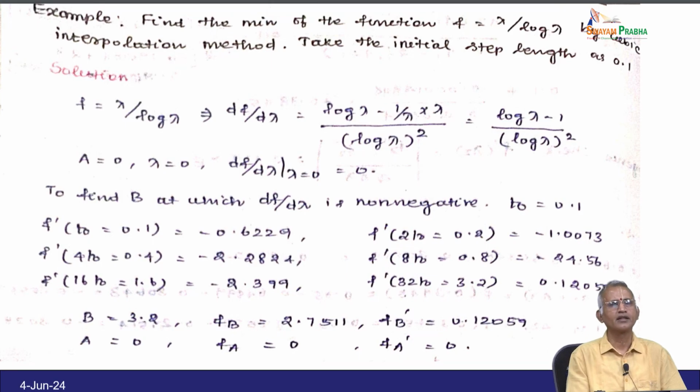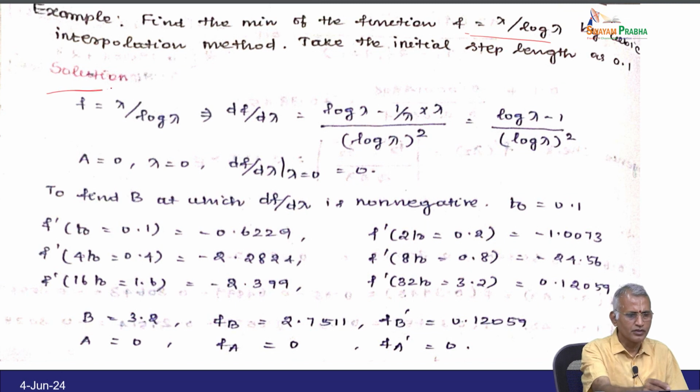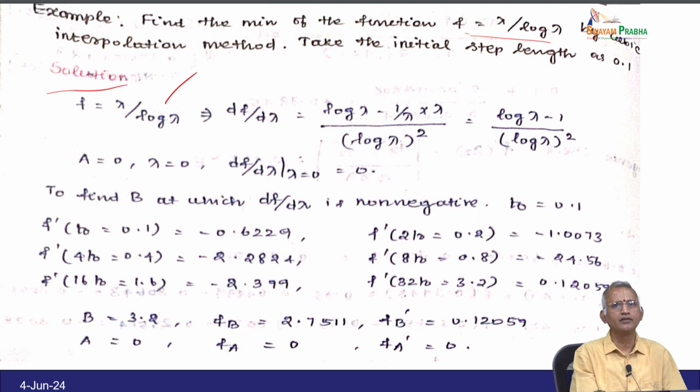Now, we have another example. Find the minimum of the function f equal to lambda by log lambda by cubic interpolation method, taking the initial step size length 0.1. Now, we have a solution f equal to lambda by log lambda, differentiate with respect to lambda.